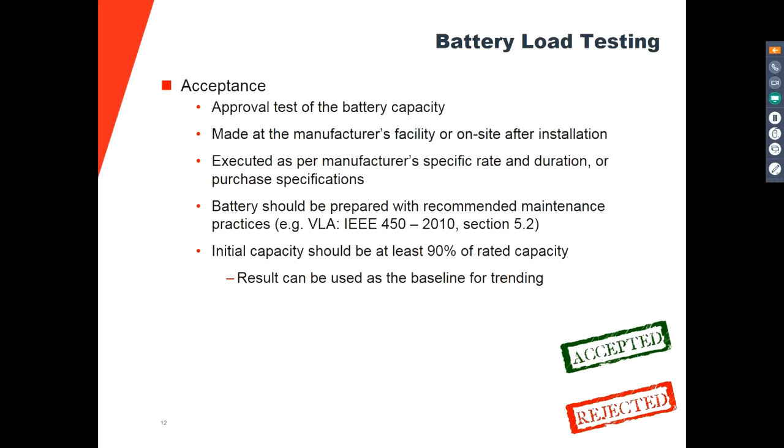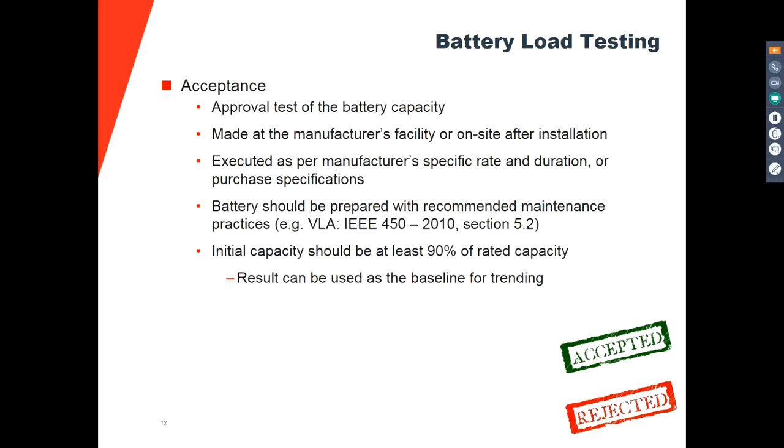The battery should be prepared and inspected following the other recommendations that are in the standard. As the result of the test, the battery should be at least 90% of the rated capacity. This is because the capacity of the battery is still developing and has not totally formed.